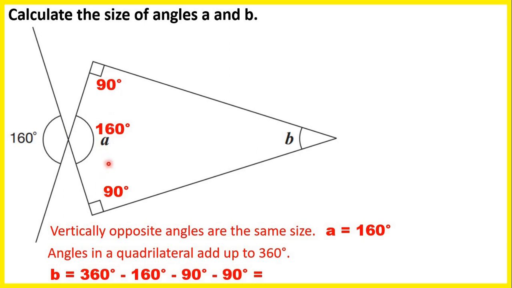So we can subtract 160, 90 and 90 from 360, and that will give us angle B. 90 plus 160 is 250, plus 90 is 340. So if we subtract 340 from 360, we get 20, so angle B is 20 degrees.